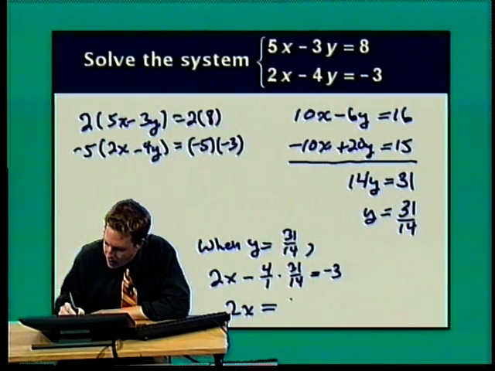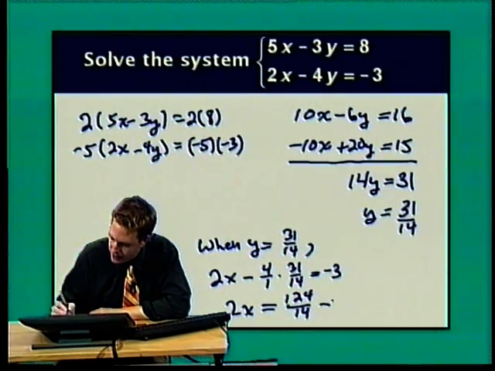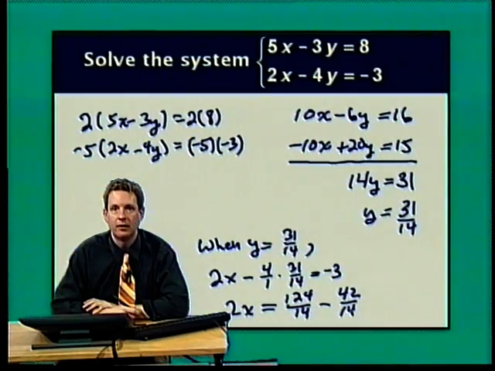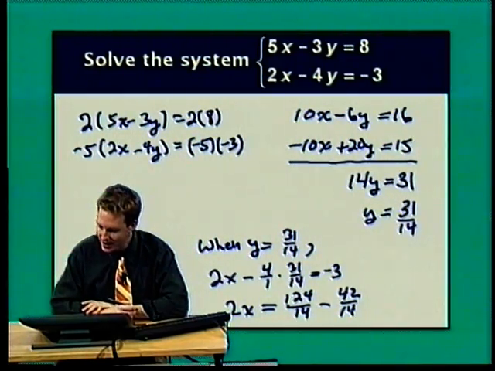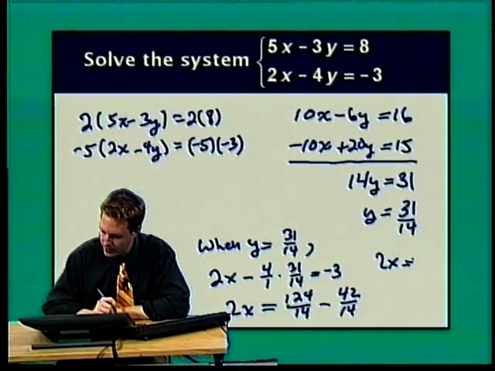We have 4 times 31 is 124, so I need to add 124/14 to both sides of the equation. And then I need to subtract 42/14. That's the equivalent 14ths of 3. So this gives me 2x equals, what do we got going on here?